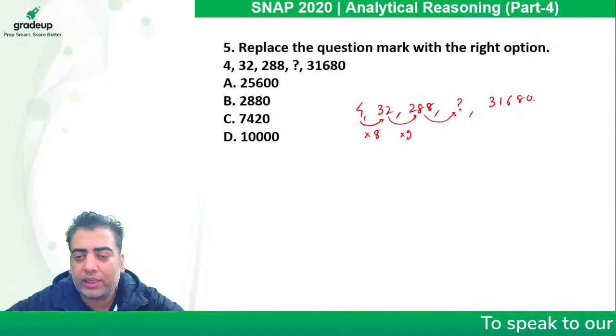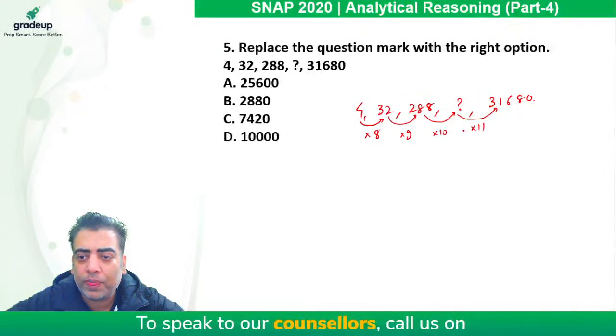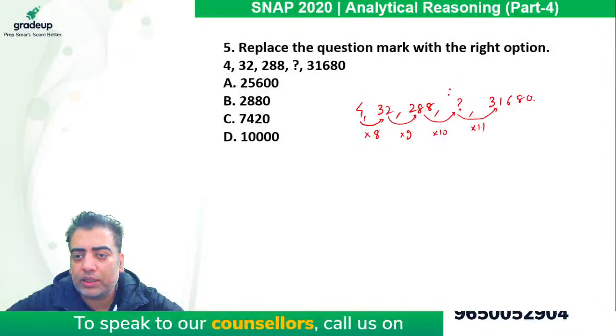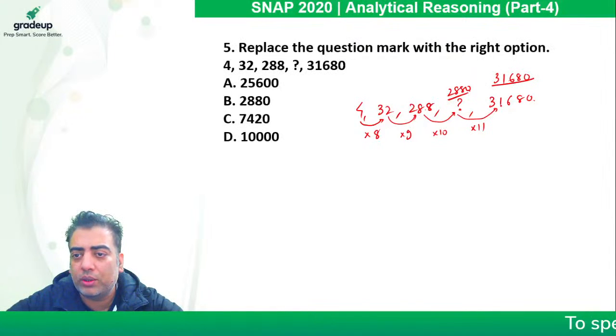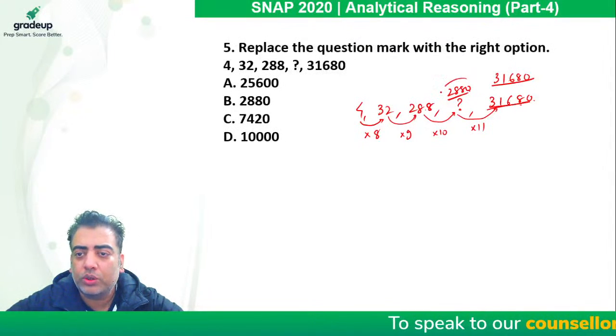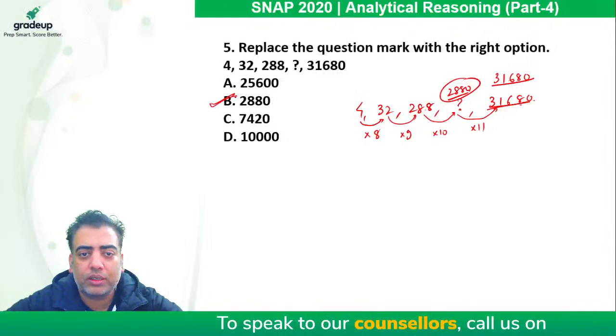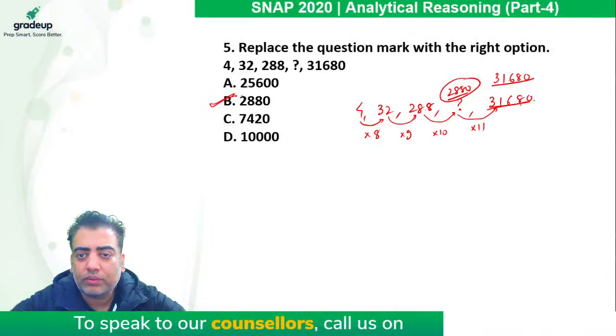So if the value gets 10 and then 11 times, we will be getting a sequence. Which means 10 times of this is 2880 and 11 times of this comes out to be 31680, which is the given value. So the answer is definitely going to be 2880.